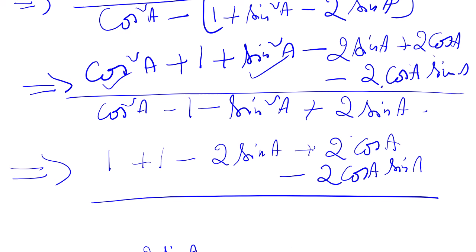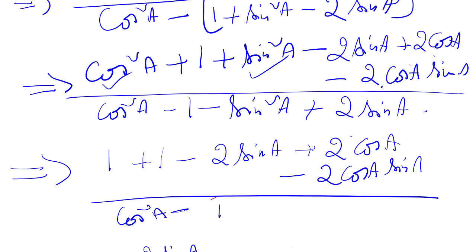Okay. Now you have here cos square A. If you take out minus common, then this will become minus 1. No, there is no meaning in doing that. Okay, let us continue as it is.